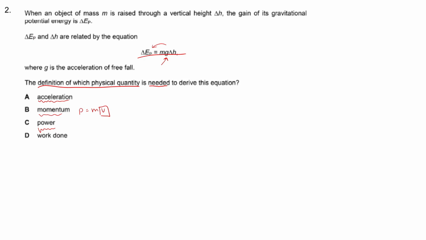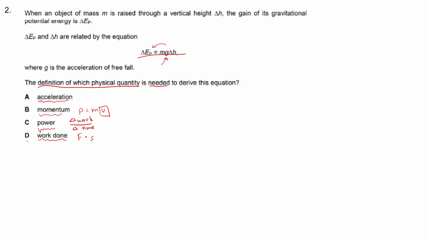For power, that is work done over a certain amount of time. However, time is not related to this one. And then work done in this case is force times displacement, or S.